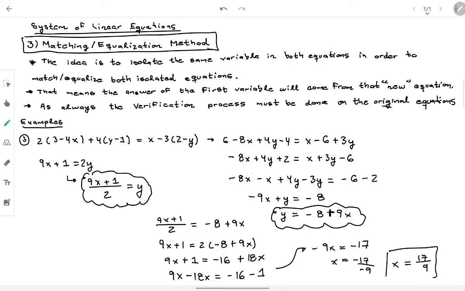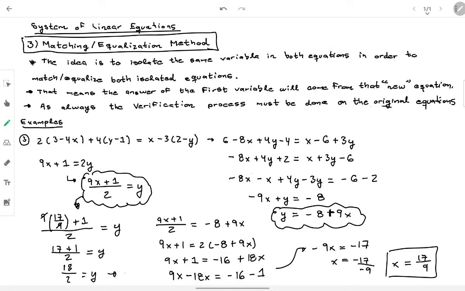We have already the value of x. We need to use it in another equation to get the value of y. I will use this one. So it's going to be 9 that multiplies x, that is 17 over 9, plus 1, all of it divided by 2 equals y. 9 over 9, so it's going to be 17 plus 1, all of it divided by 2 equals y. 18 divided by 2 equals y.